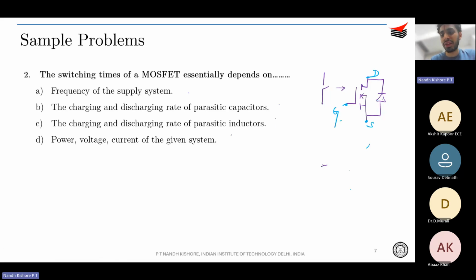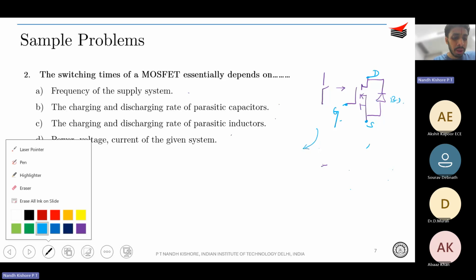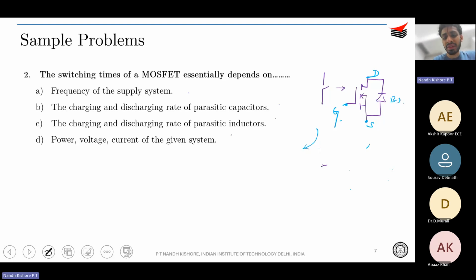And this represents the anti-parallel body diode. Okay, BD is the body diode. So this is the representation of a MOSFET, but if you actually see the internal structure, you will know that it is composed of a lot of parasitic capacitances. Essentially, three parasitic capacitances.